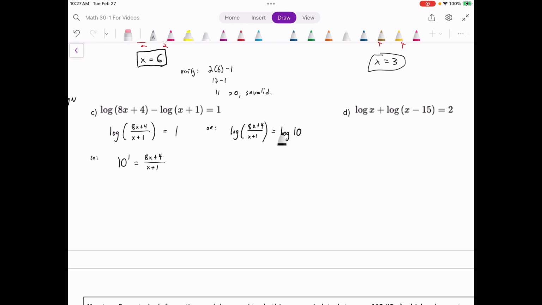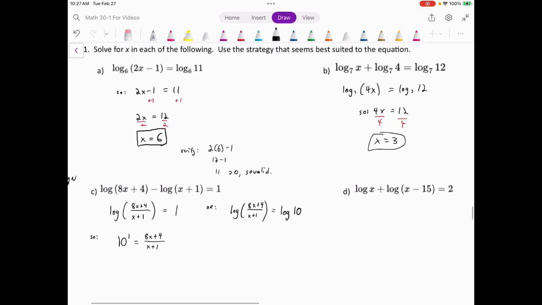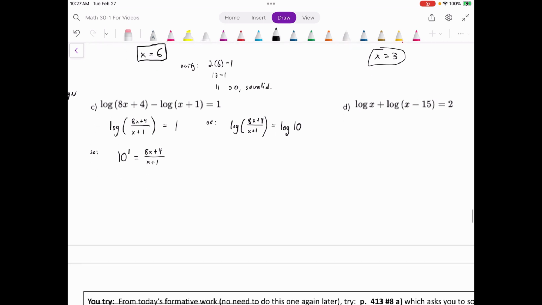And so we've rewritten 1 as log of 10, and now we've turned this into a similar situation to A and B. I have log base 10 of this stuff equals log base 10 of 10. And therefore, this stuff, 8x plus 4 over x plus 1, must just equal 10, right? If log base 10 of this equals log base 10 of that, then this and that must be the same thing.